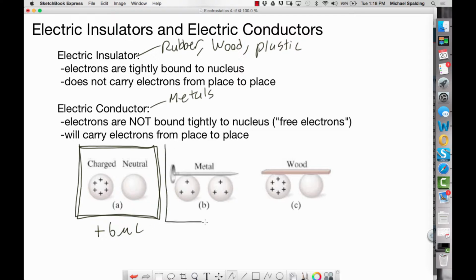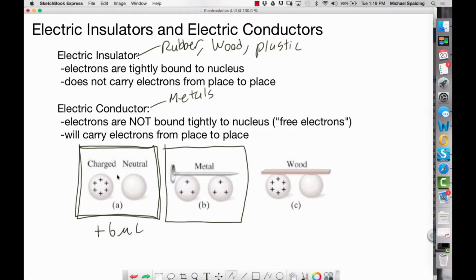Okay, now if you connect these two spheres together with a conductor, my first question is, which way are the electrons going to move in the conductor? You're putting a piece of metal across these two spheres. Which way are the electrons going to move in that conductor?